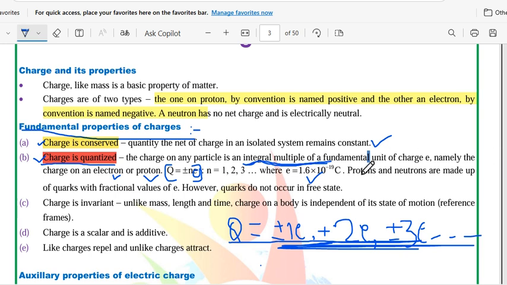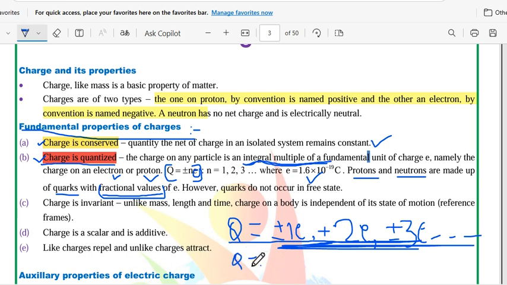Protons and neutrons are made up of quarks, with fractional values, not integral multiples. It is made up of fractional values of the electron charge.